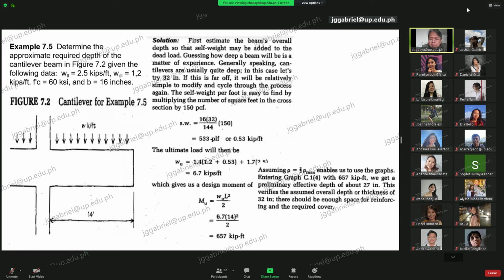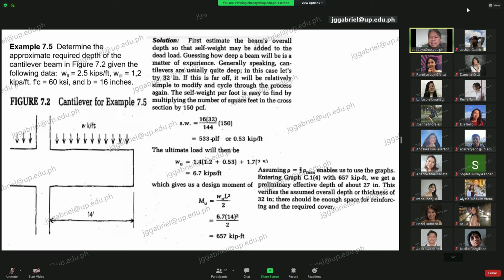No? You will see later on that you will have guides depending on the length of your beam. Let's say L over 20, L over 25, L over 28. Parang ganun. That will be your assumed depth of the beam, depending on the loading.